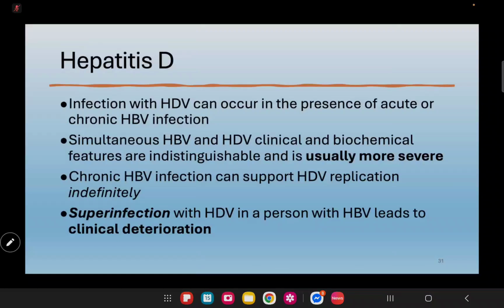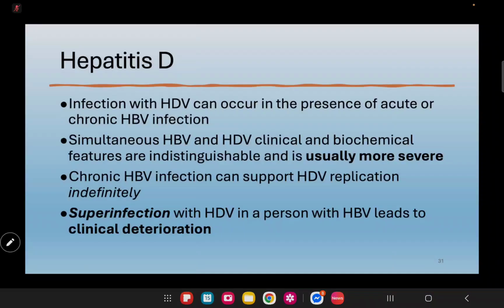While when we say super infection, again, chronic hep B, and then you acquire hepatitis D. Super infection, on the other hand, leads to clinical deterioration and high risk of chronicity. Chronic hep B infection can support indefinite hepatitis D replication, resulting in progressive chronic hepatitis and cirrhosis.